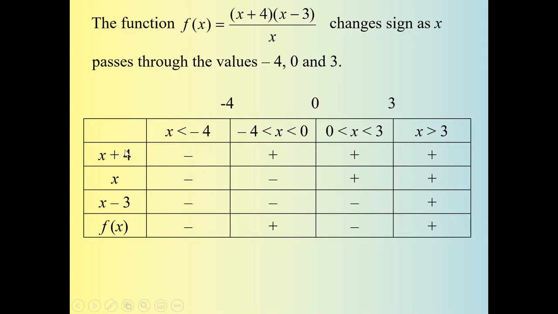We draw the table for this table of signs. -4, 0, and 3 are the three critical numbers. There are 4 intervals. On the left hand side, we are going to list all the factors x + 4, x, and x - 3.